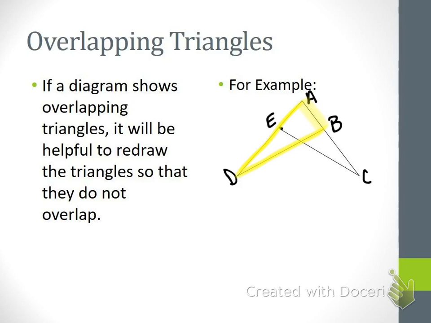So when I redraw that triangle separated out, and it doesn't have to be perfect, but it should look similar, I only need to relabel A, B, and D. E exists probably right about there, but I don't really need to label it because it was not one of the vertices or corners of my triangle.